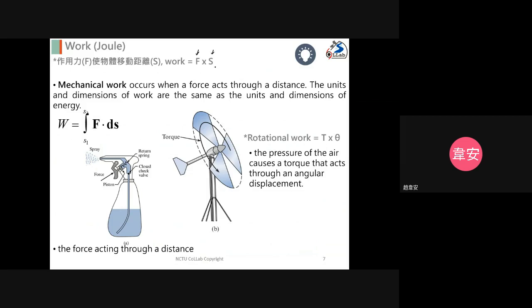This is for the situation when the block is moving in a straight line. But if our block or our problem includes rotational motion, we need to multiply the moment by the rotation angle to compute the work. And this work we call rotational work.